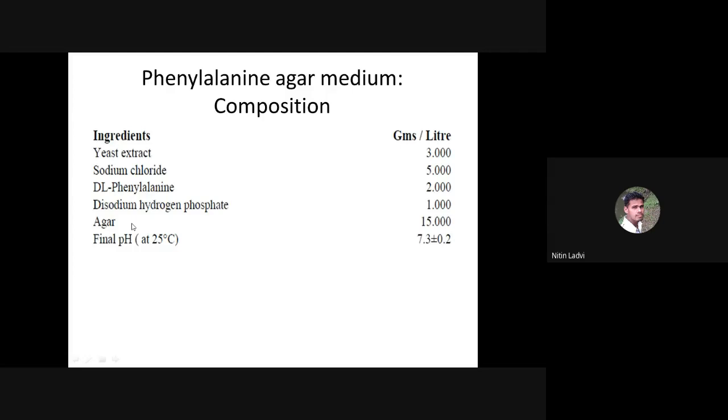Are you noting down the composition? Yes, sir.